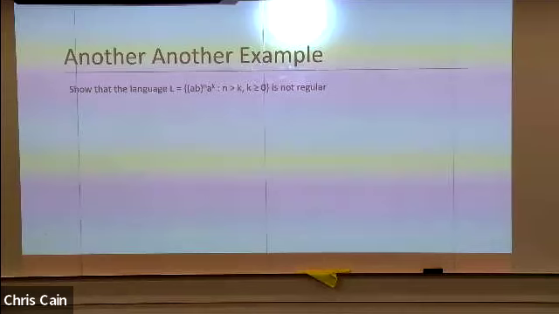N repetitions of the substring AB, followed by some number of A's, bounded by 0 and k minus 1. Sorry, n minus 1. So now it's a little bit harder to think of what that string looks like.